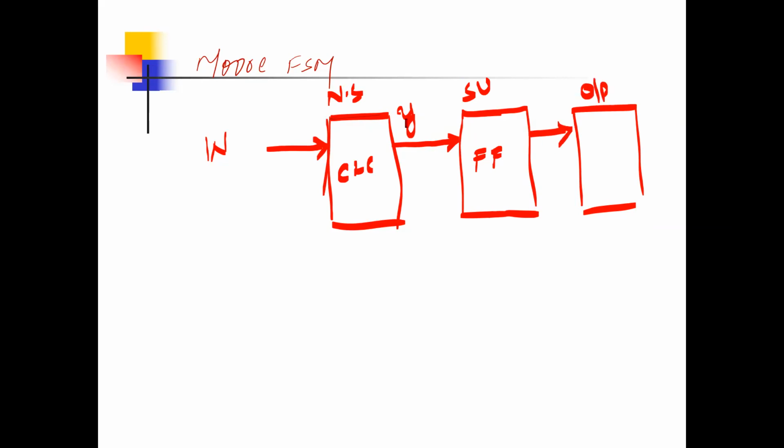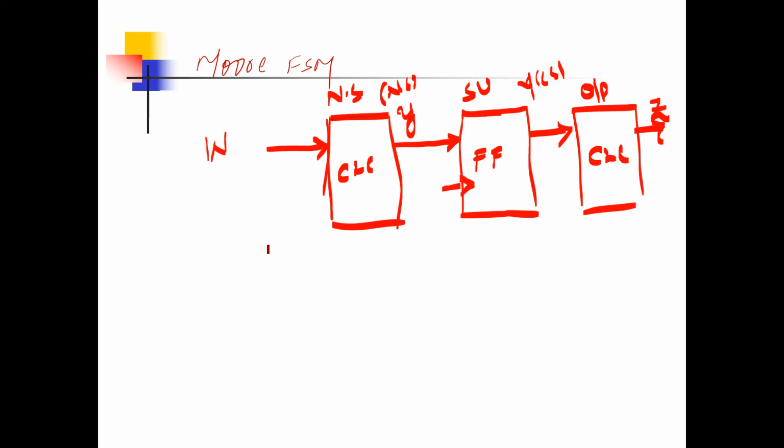So this is the current state. This is the next state. You can say small y is the next state, and capital Y is the current state. And this is the output, you can write output as Z. This is once again a combinational logic circuit. The flip-flop requires a clock.